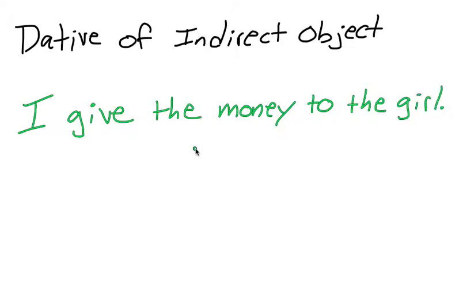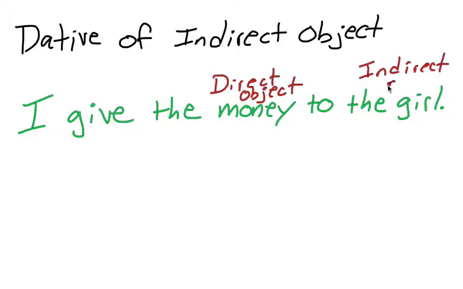I give the money to the girl. Give is the verb, money is the direct object, and the girl is the indirect object.